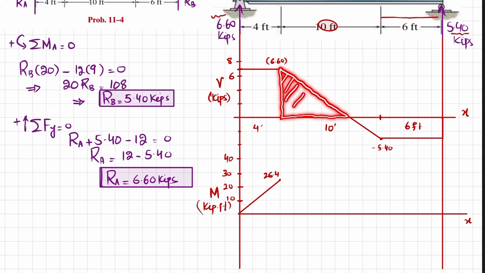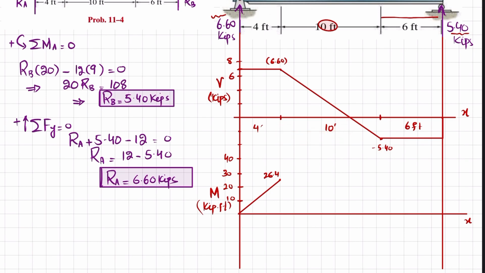Now we will move toward the second region, that is this one, and this is a right angle triangle. So its area will be equal to half of its base, which is 10 divided. Okay, so we do not know what is this length. If you have properly designed or calculated it, you can check this distance will be 5.5 feet.